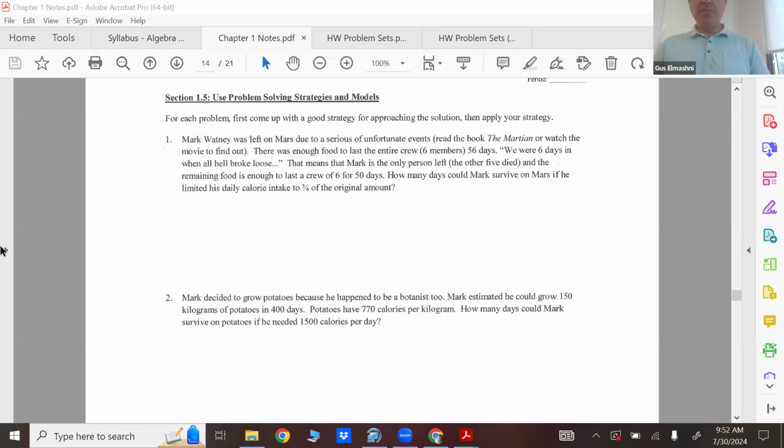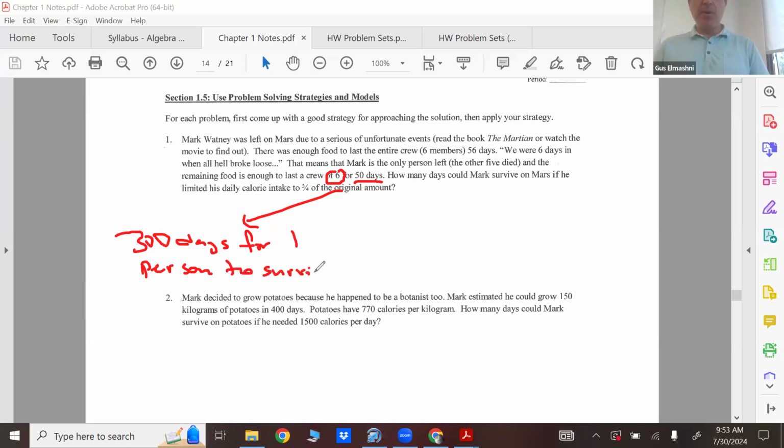Well, if you think about it, there are 50 days left and it's supposed to feed 6 people. So if you think about it, that could be 300 days for one person to survive. Does that make sense?